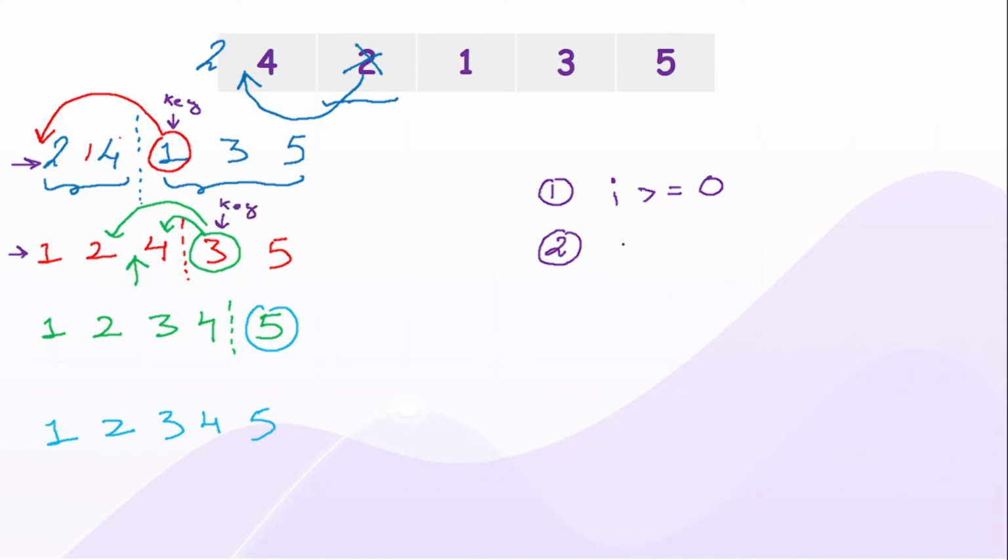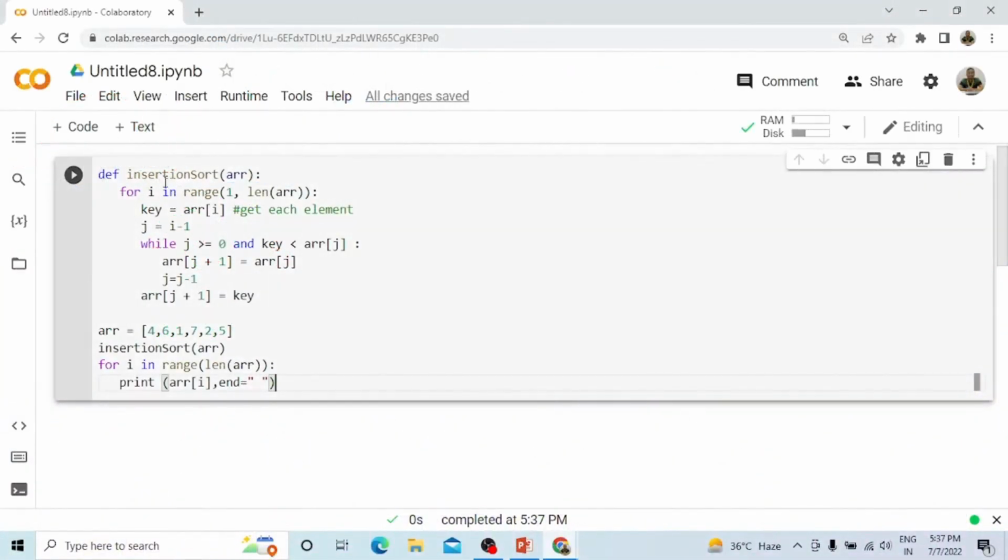So the second condition would be key is smaller than the number present at the ith location in the list. So if both these two conditions are satisfied, then only we'll move towards the left to insert. So this is the basic implementation for insertion sort.